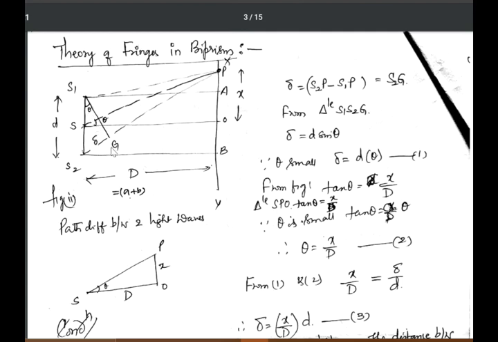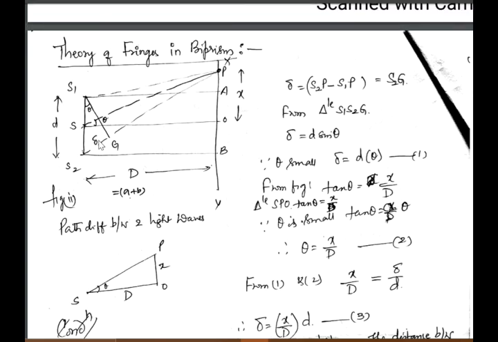Draw S2G perpendicular to S1P. Join S1P. Join S2P. Now delta, that is S2G, is equal to delta, the path difference between the light waves arriving from the two virtual sources S1 and S2 at point P. So therefore from the figure we can write delta is S2P minus S1P, which is equal to S2G.